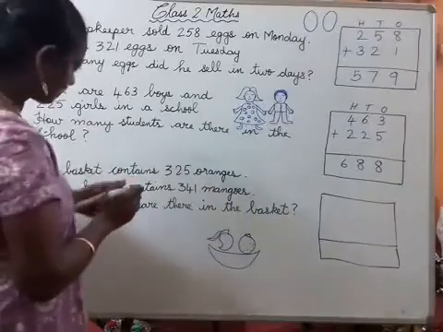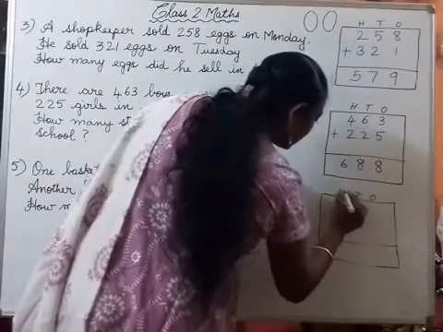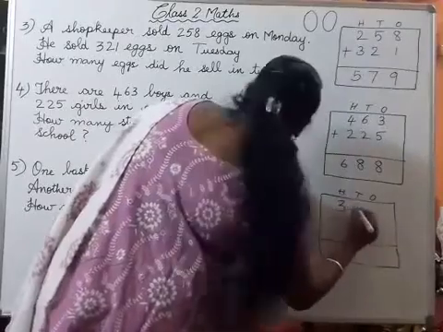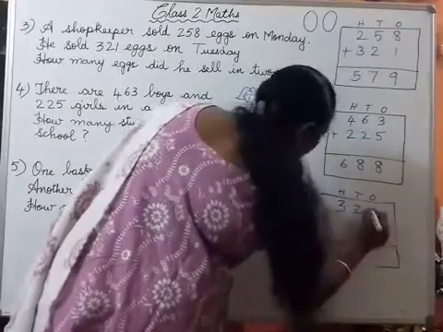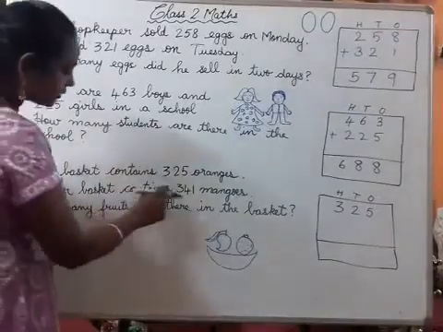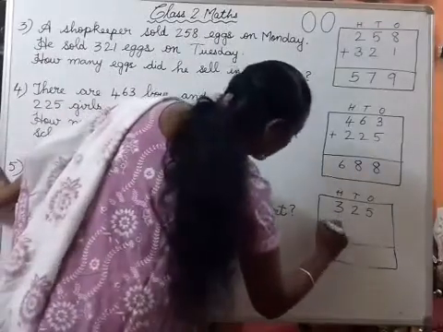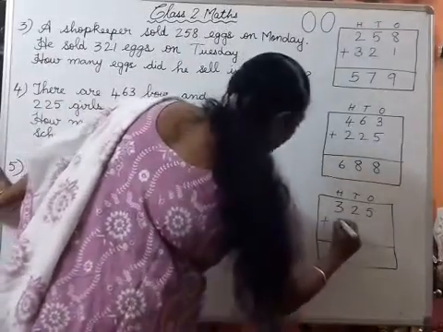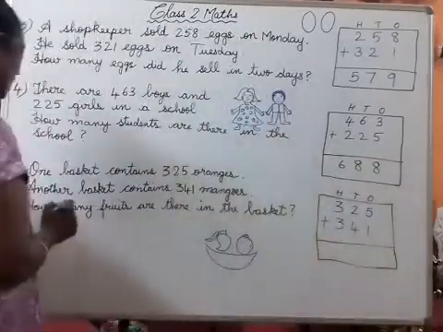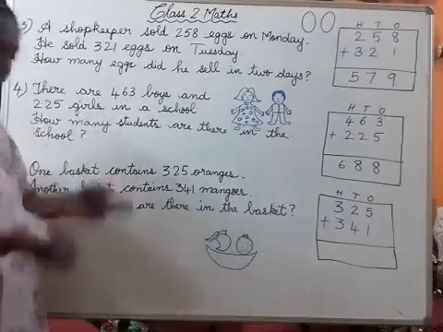वो सब मिला के total we have to find. So first step we will write ones, tens, hundreds. After that 325. Another basket contains 341 mangoes. You have to put addition sign and write 341. Now you have to calculate how many fruits are there in the basket.